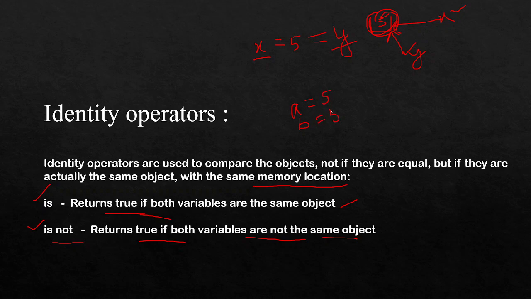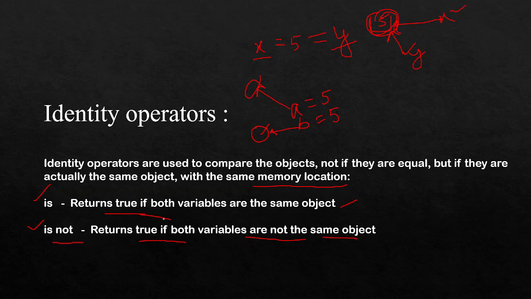Okay, see, a and b have the same value, but maybe a is referring to some memory location which is not referred by b, that is b is referring to another memory space, which is another object. So a and b both are different objects created in Python. So if I write a is b, then it will return false, and if I write a is not b, then it will return true. Okay, just the opposite of the is operator.